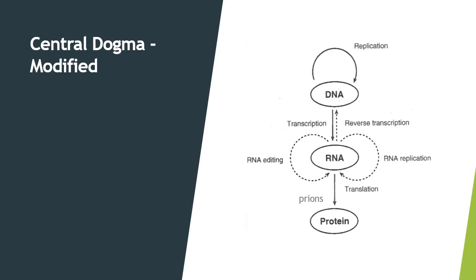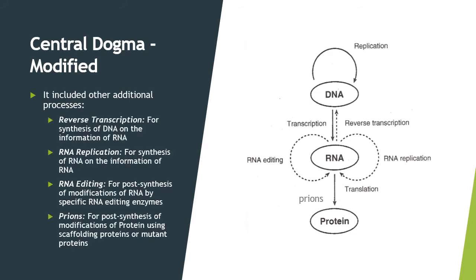Hence, this central dogma was later modified, and what we now refer to as the central dogma is actually the modified version. In addition to the three processes I just told you, it also includes certain other major processes, which are listed here.